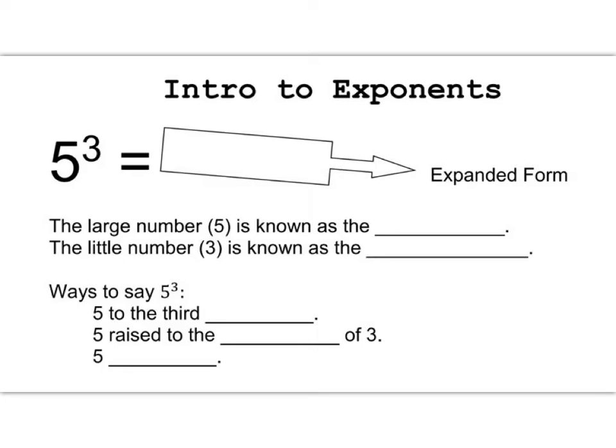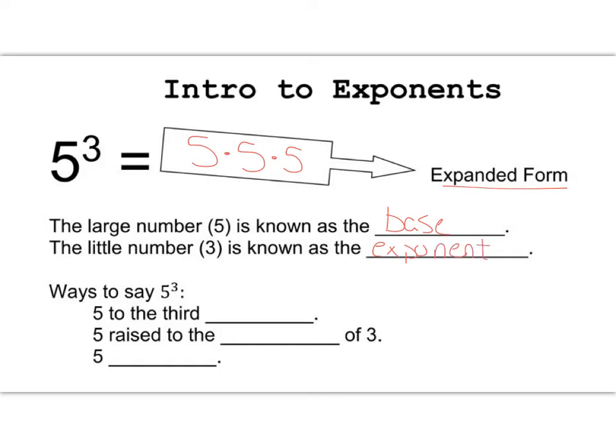So this is read 5 to the third power, and exponents are repeated multiplication. So 5 to the third power is 5 times 5 times 5, and that is called expanded form. Okay, the large number, that's your base. We're going to use that term quite a lot. And the little number, the 3, that is called the exponent.